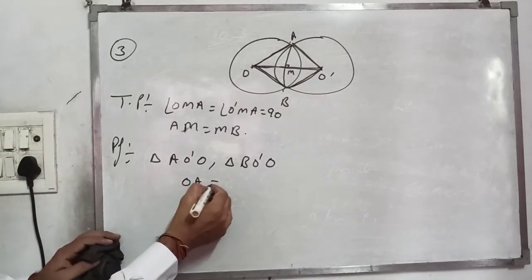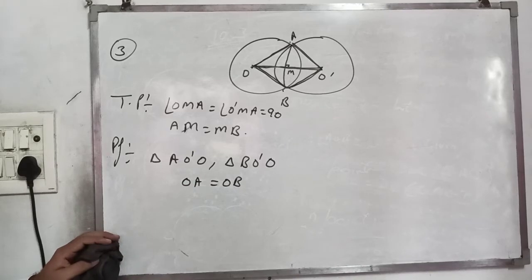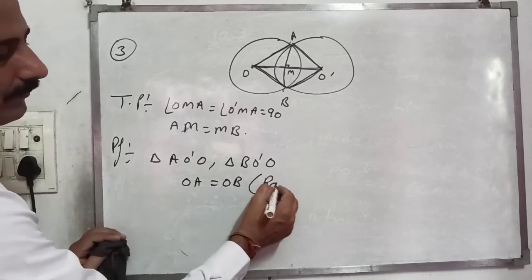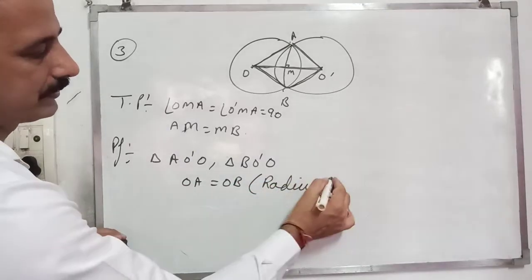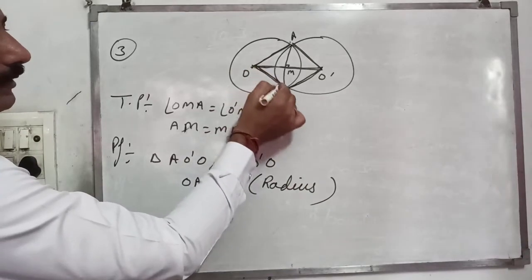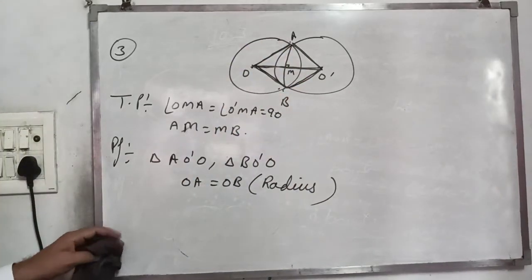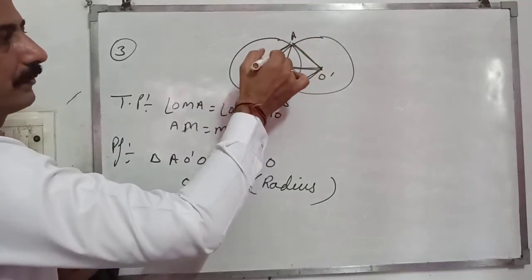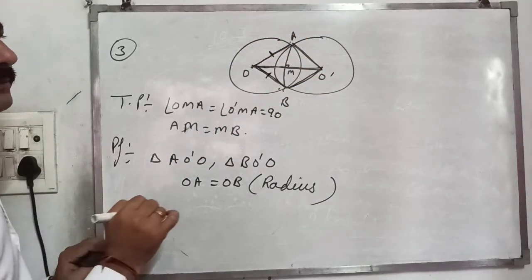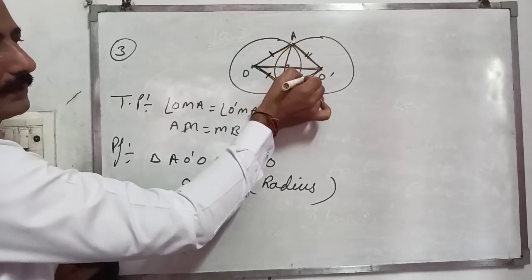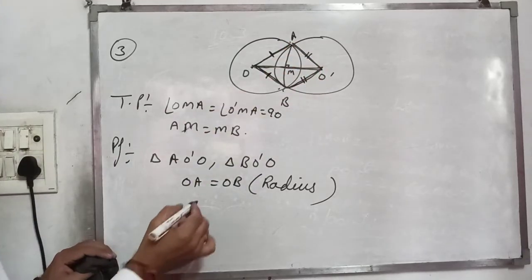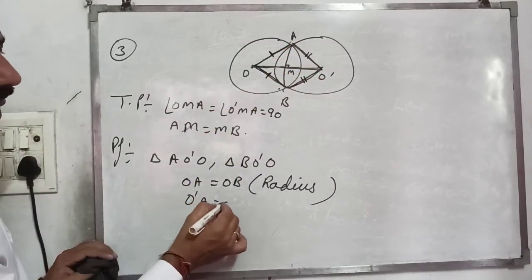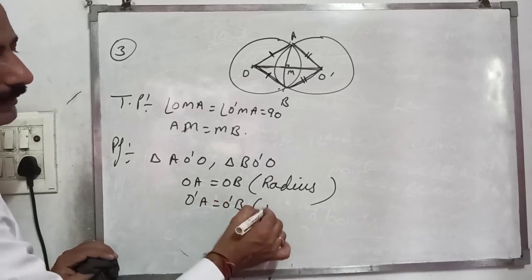Here OA equal to OB, right? Because they are radii of the same circle, and the circles are not congruent, that's why we use the radius of the same circle. Similarly, O'A equal to O'B, that is also a radius of the same circle.